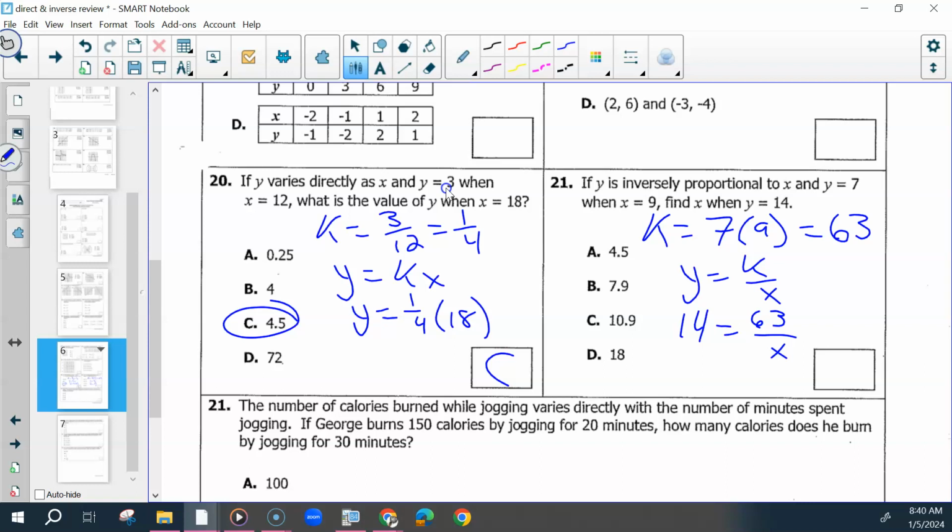Multiplying x, since x is already being divided, and then dividing by 14, which would give us 4.5.